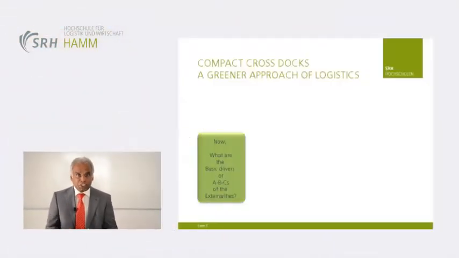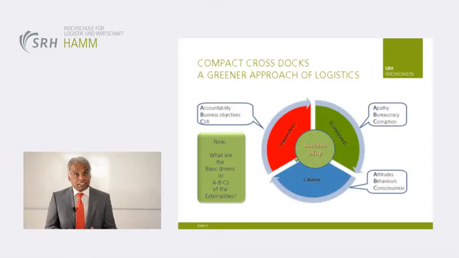So having seen that, what are the basic drivers of externalities? We mentioned organizations, citizens, and governments. I refer to that as the ABCs, or the basic drivers. In terms of organizations, it's their accountability, their business objectives, their corporate social responsibilities.